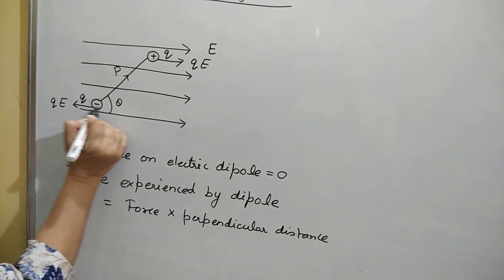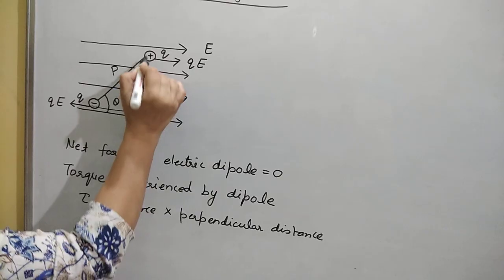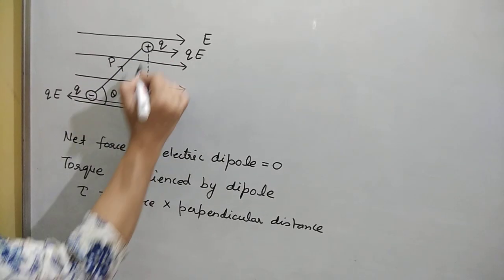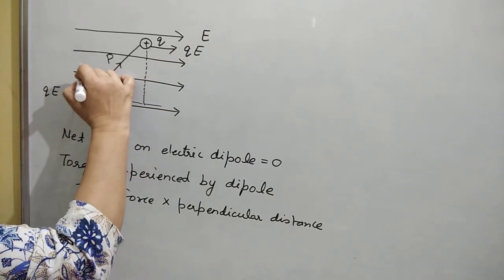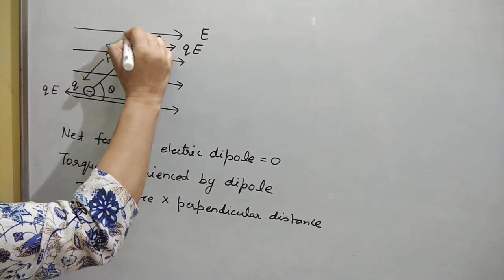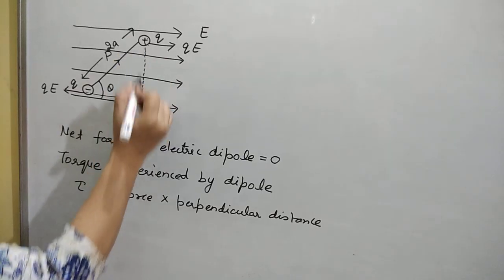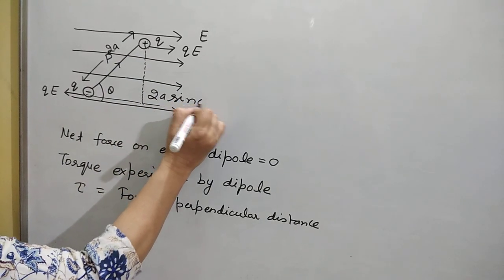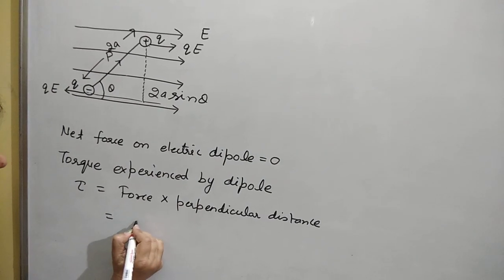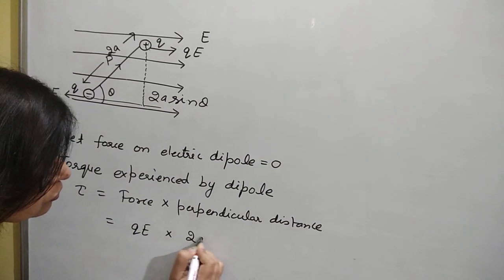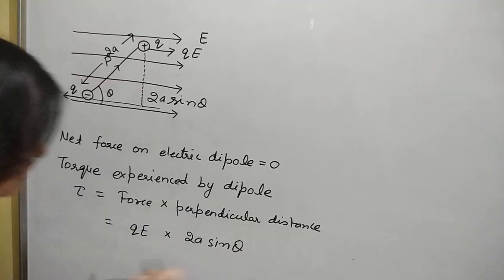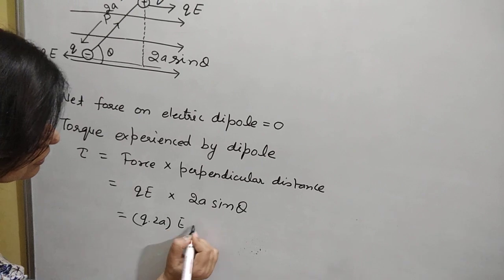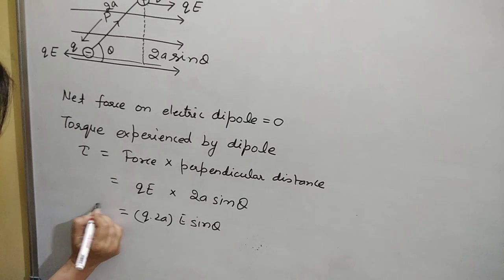So one force is in this direction and the other force is in this direction, so the perpendicular distance will be this perpendicular distance. If this is 2a, this perpendicular distance will be equal to 2a sine theta. So qE into 2a sine theta, q into 2a E sine theta.